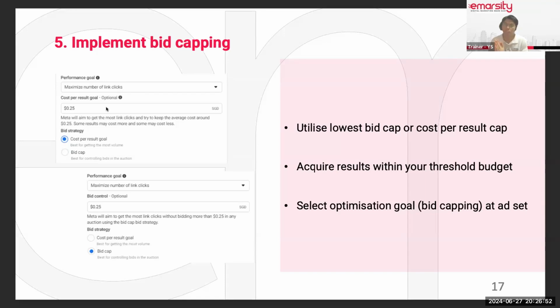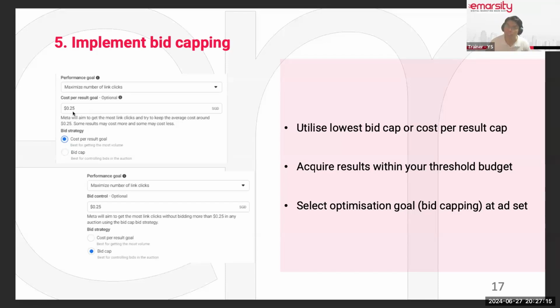What you're telling the platform is, I will only allow you to go as high as 25 cents to get someone to click on my ad to go to my website. Please do not bid higher than 25 cents to have my ad show up to get a click to my website.